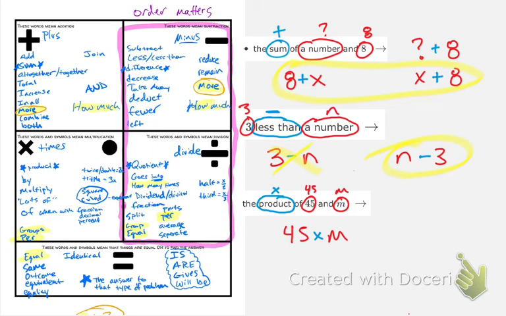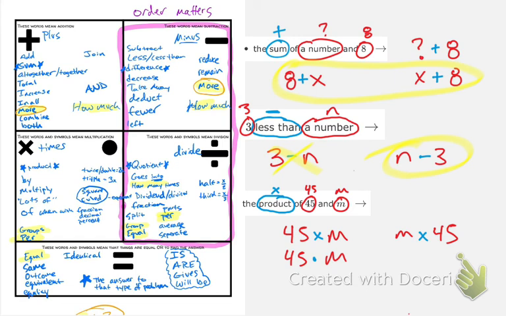So in our multiplication words, we also have a new symbol for multiplication that we're going to start to see throughout the course of this year. We're going to use a dot in the middle to represent multiplication. And that helps us when we start to work with these variables. You can start using that form now, or you don't have to, but I just wanted to explain that to you. And finally, we said that order didn't matter. So we could have also written M times 45. So all 3 of those examples would be correct for this.